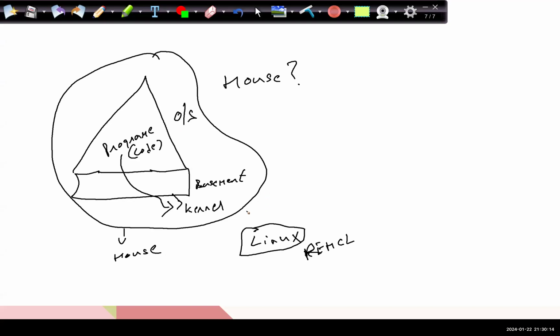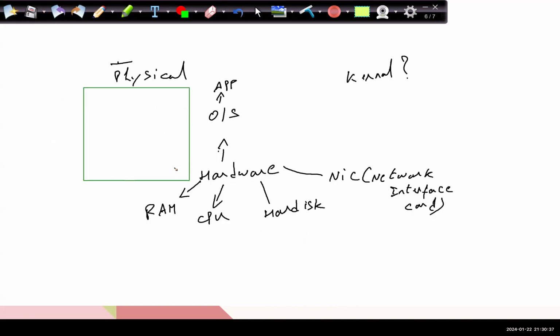If I just take the kernel and say it's my OS, you cannot call it an OS. If I just take the program and say this is my OS, you cannot. Both have to be there, just like the basement and the upper part of your house make a complete house. The operating system has two things: one is the kernel, the other one is the application. Now, what does this kernel basically do? So the kernel fits here, right?